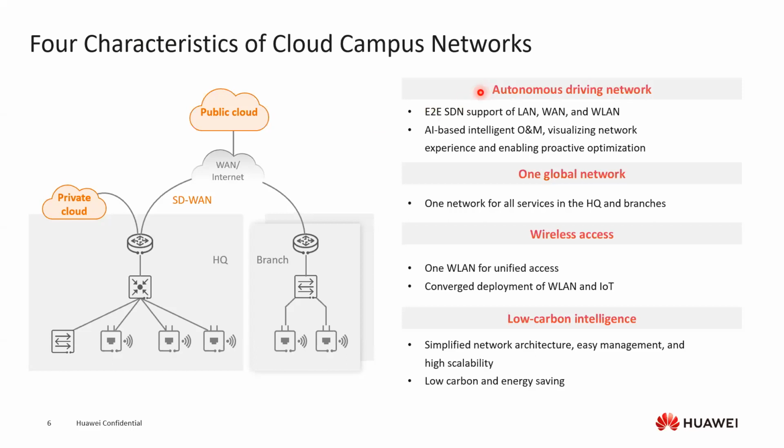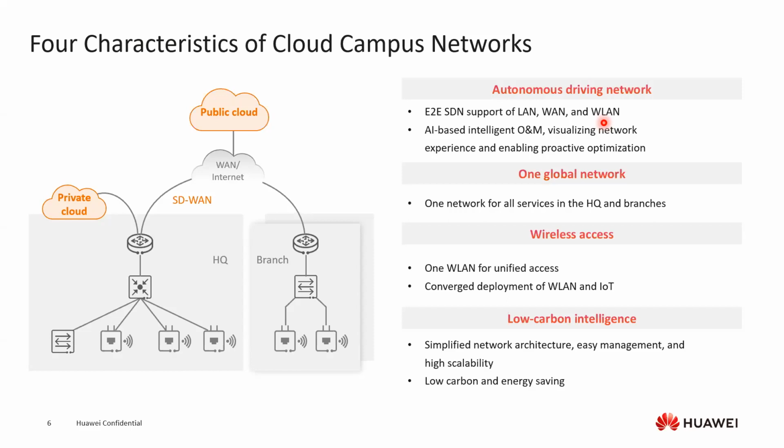With the maturity and large-scale deployment of software-defined network technologies, SDN is no longer a stranger to the enterprise user. Instead, SDN support is almost a factor that must be considered when they build a new campus network. On a cloud campus network, SDN must be supported over the wired switching network, that is on the LAN, WAN, and WLAN networks.